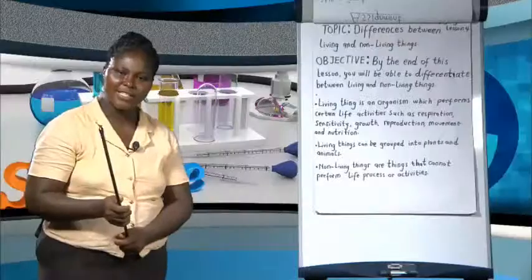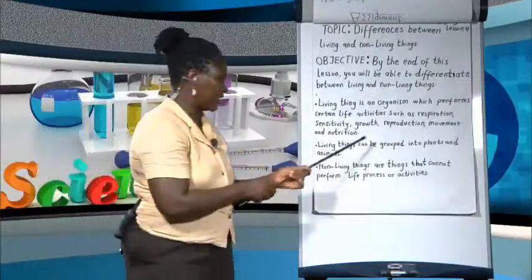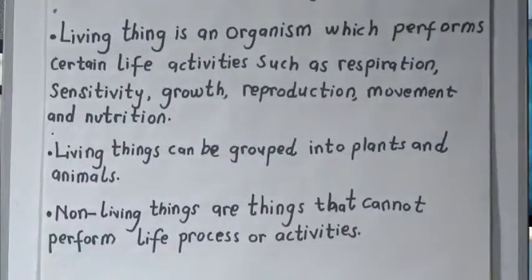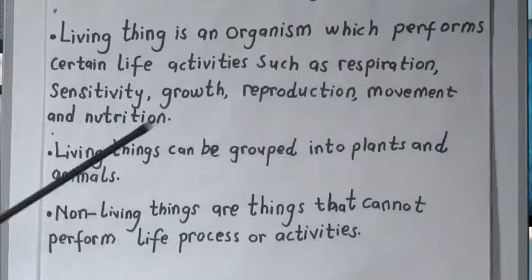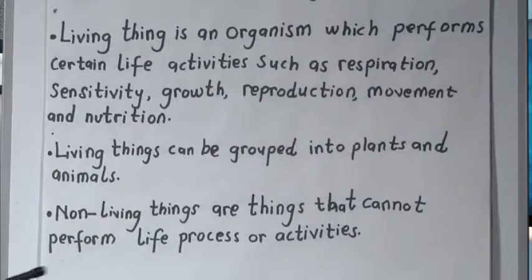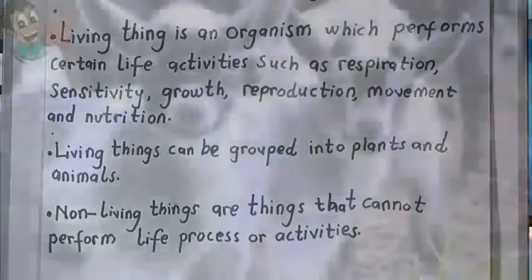Now let's look at another life process that living things undergo. And it's what? Movements. We move from one place to the other. Now let's go to our screen and see the movements of some living things.